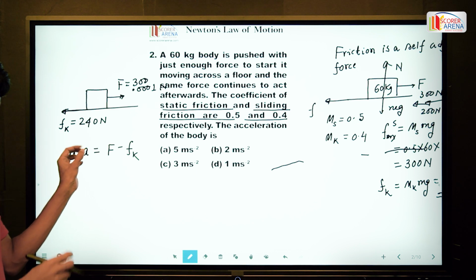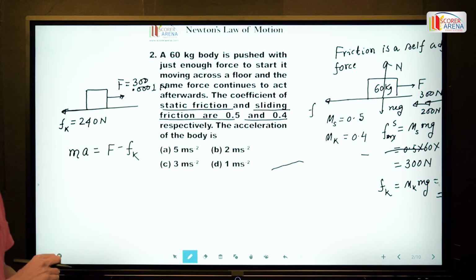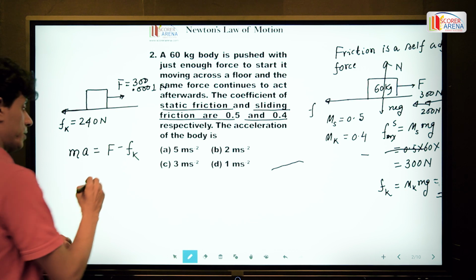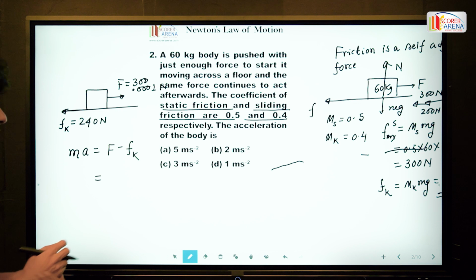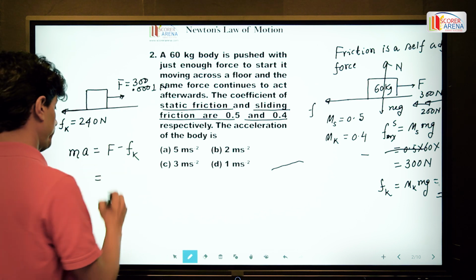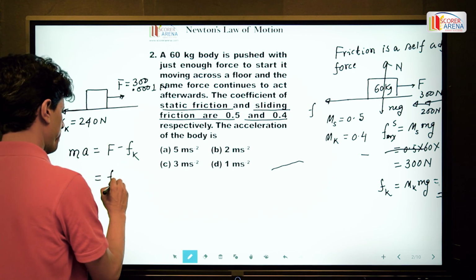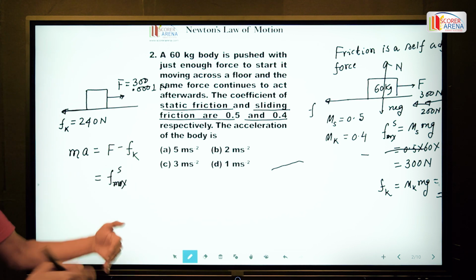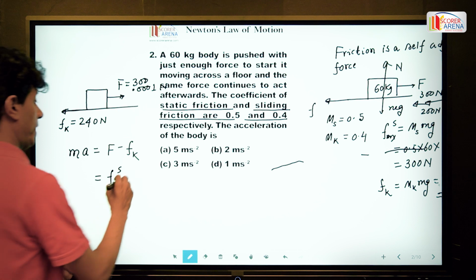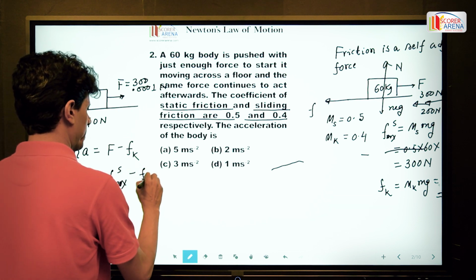and this F is slightly greater than the static friction. So the value of F starts from the maximum static friction, and this is Fk, kinetic friction.